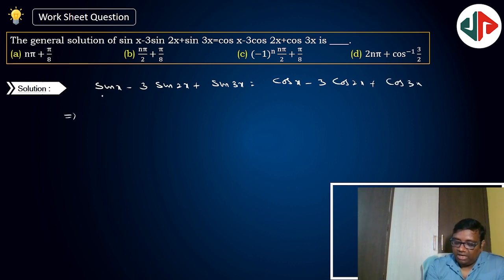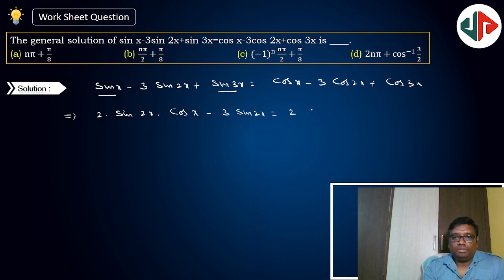Now can we rewrite this as sin c plus sin d, which is 2 into sin of (c plus d) by 2 into cos of (c minus d) by 2. So sin x plus sin 3x minus 3 times sin 2x. Here also 2 times cos of 2x into cos x minus 3 times cos 2x.